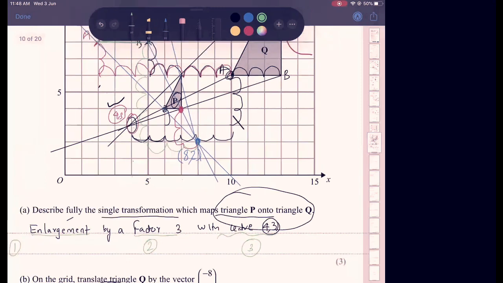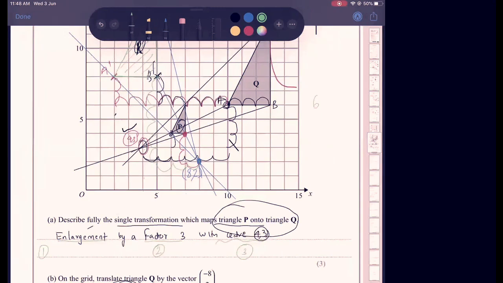Initially it was 6. So 1, 2, 3, 4, 5, and 6. Okay, initially 6. So 6 is reduced to 2. And similarly, 3 is reduced to 1.